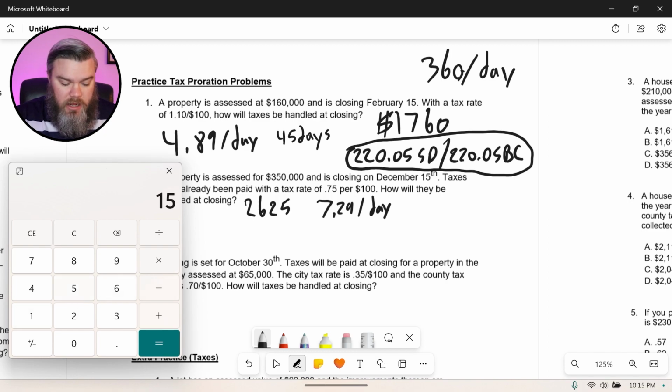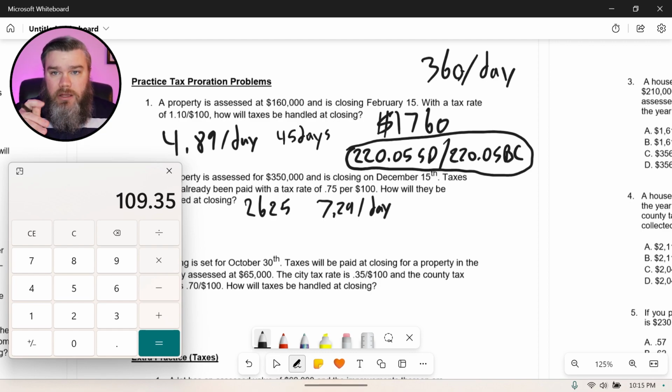So subtract that out. That means that leaves us with 15 days in December for the buyer. So the buyer is responsible for 15 days. 15 days times the per diem of $7.29 a day gives us $109.35 that the buyer is responsible for.